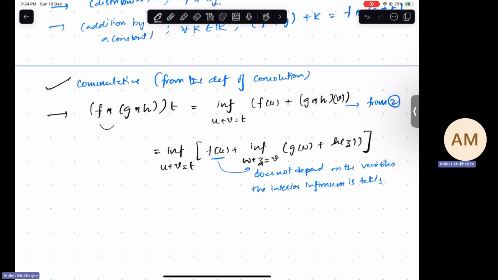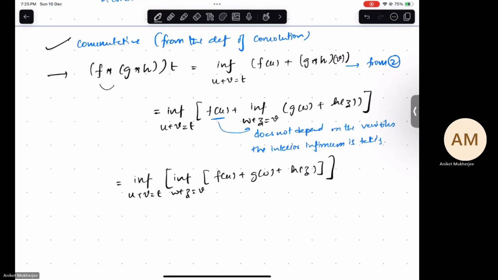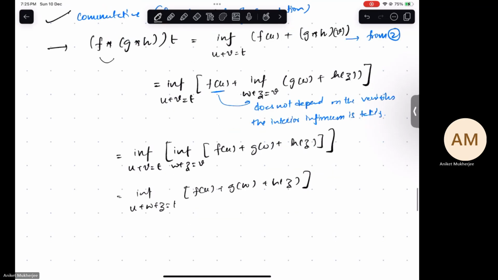So what we do is we have the infimum over u plus v equal to t, the infimum over w plus z equal to v, of f of u plus g of w plus h of z. Since v equal to w plus z, you can write this as the infimum over u plus w plus z equal to t of f of u plus g of w plus h of z.